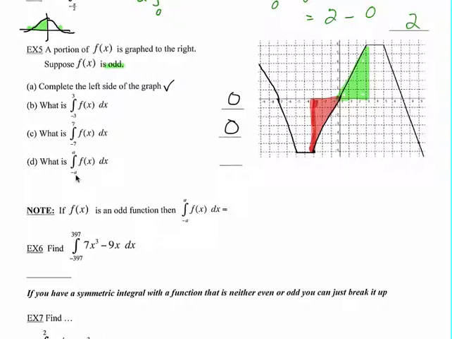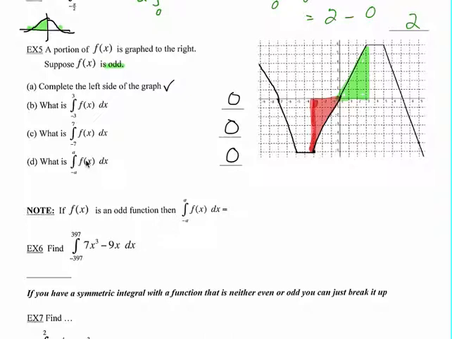If we go from negative a out to a, again, we're symmetric about the origin, so everything to the right of the origin is going to be canceled out by everything to the left of the origin. So that will be 0.